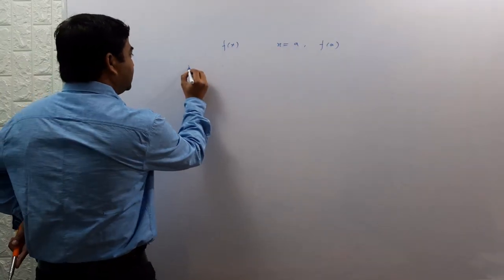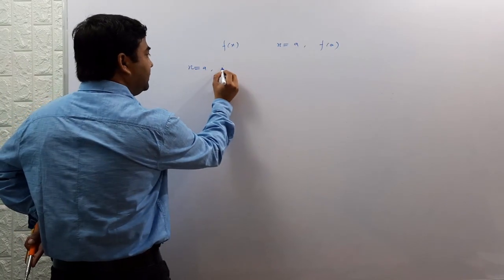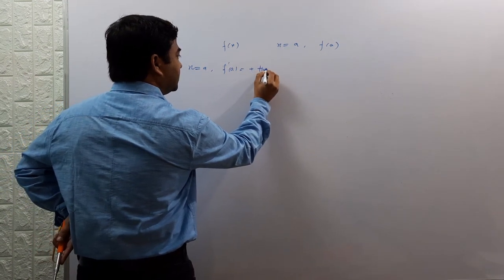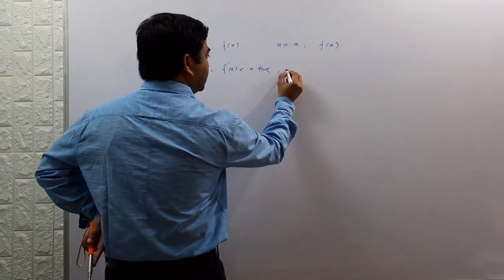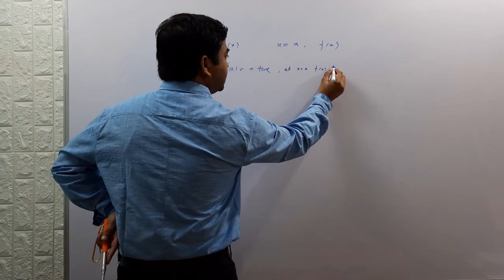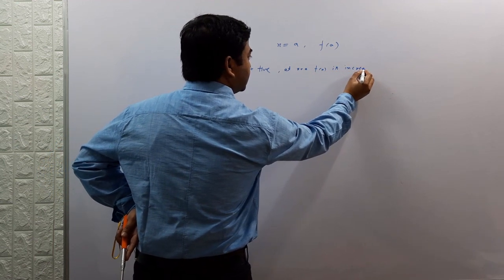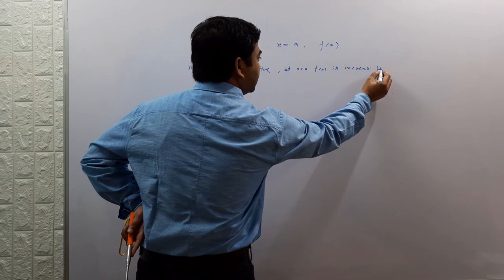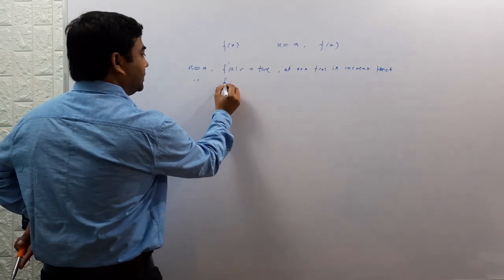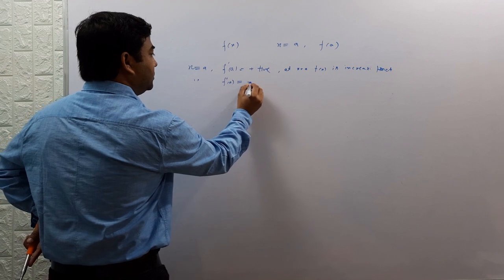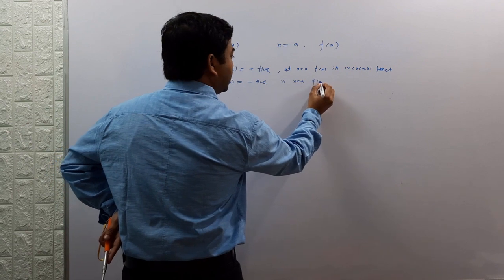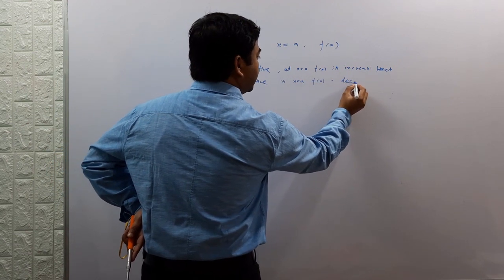At x equal to a, if f dash a is positive, then at x equal to a, f(x) is an increasing function. Similarly, at x equal to a, if f dash a is negative, then f(x) is a decreasing function.